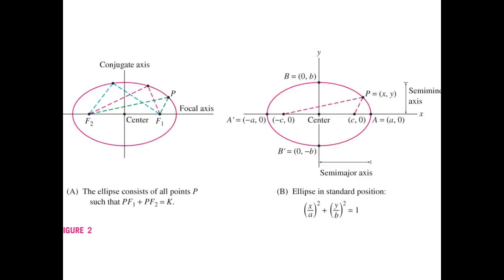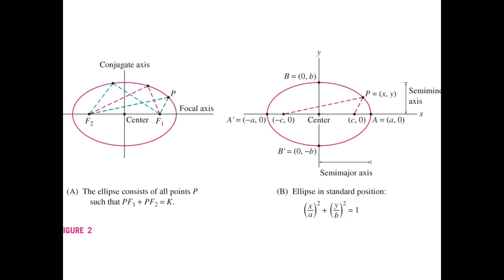Okay. Can't get all this on here, but let's get a parabola. I mean, an ellipse has two foci, one to the right and one to the left. And the ellipse consists of all points P, such that the distance from P to the first focus plus the distance from P to the second focus is always constant. So you see this distance here, P, this distance to focus 1 plus the distance to focus 2 is a certain value.